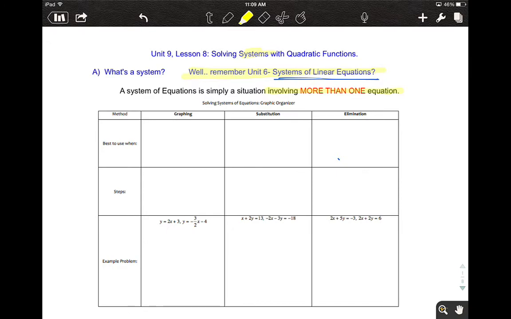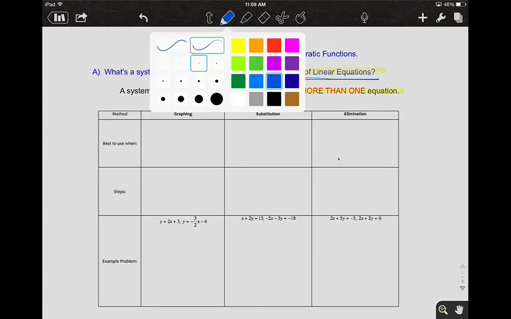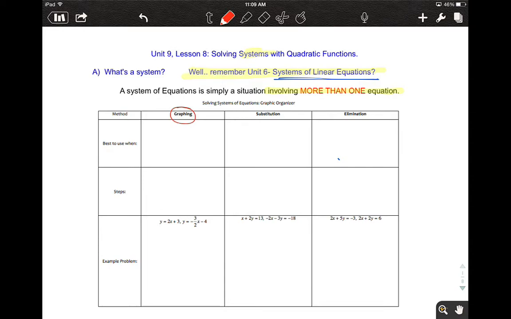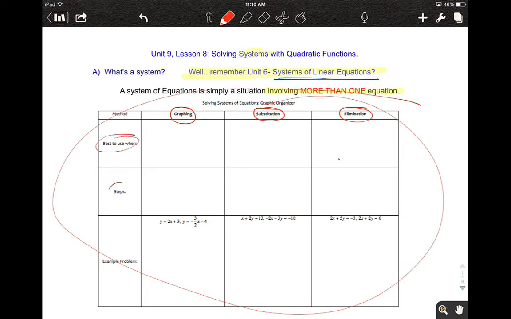We had three different ways in which we solved systems: graphing, substitution, and elimination. We talked about when they're best used, and this chart was something we did at the end of the unit, covering the different ways to solve, when each was best used, how you did it, and an example problem of each.